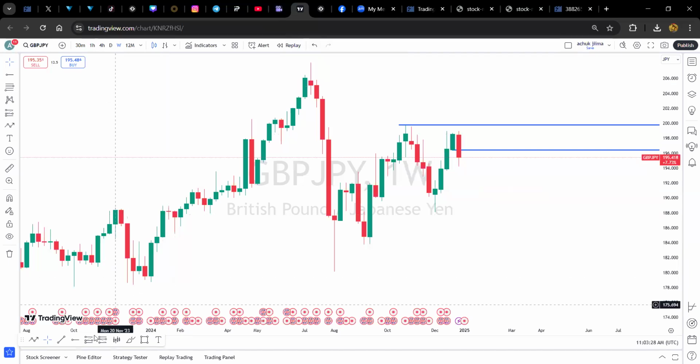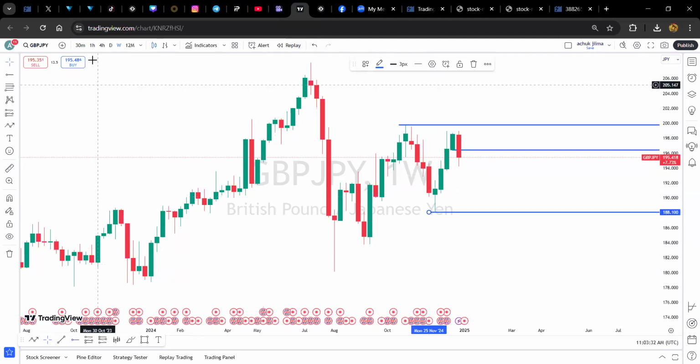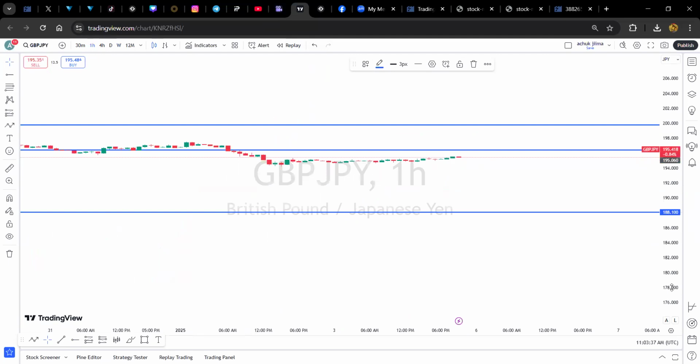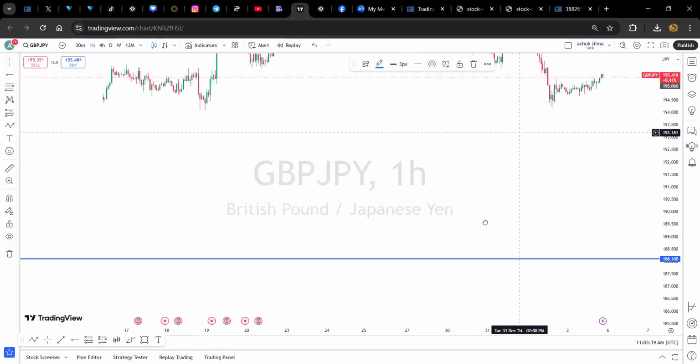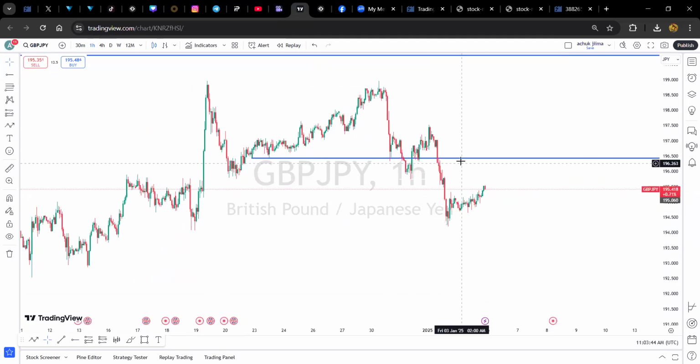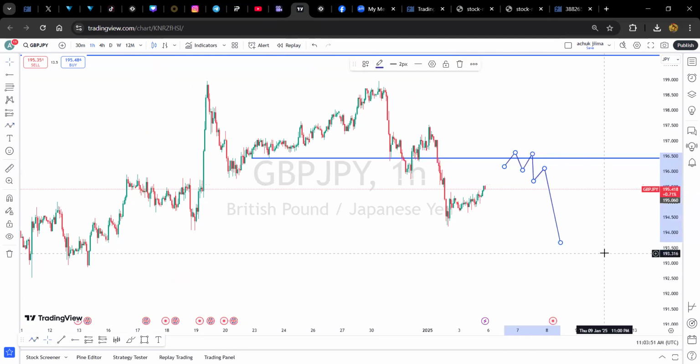I don't want to forget marking my lows. If I come to a lower time frame, the same way GU is looking like that, GJ is looking like that also. So this will be the next area in which I want to see a trend continuation to the downside.